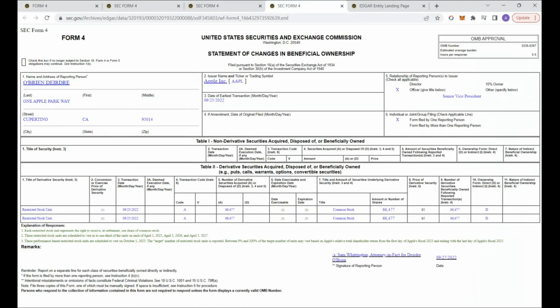So if you look at this insider SEC form, you'll see that they didn't buy or sell any securities, but they did report that this executive, the senior vice president, received restricted stock unit shares as a part of her compensation plan. So on September 25th, 2022, she received 66,477.